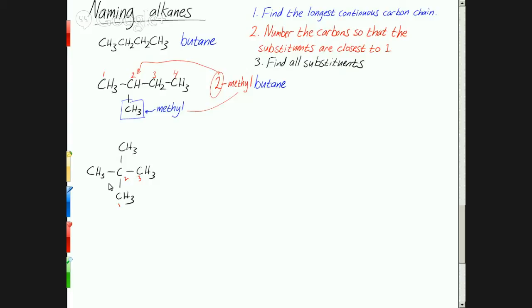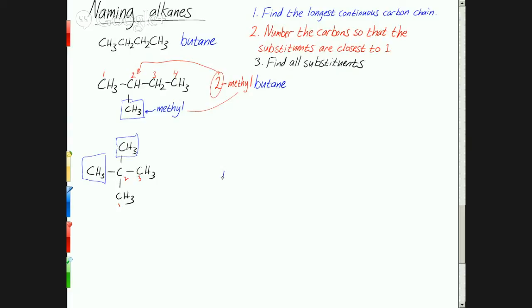So now we've got to find the substituents. And in this case, there are 2. So there are 2 things that are not a part of the main chain. And they are methyl groups. So instead of saying 2-methyl, we have to account for the fact that there are 2 of them. What's a 3-carbon chain called?